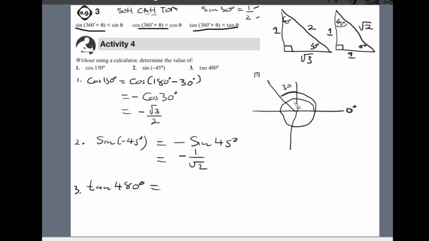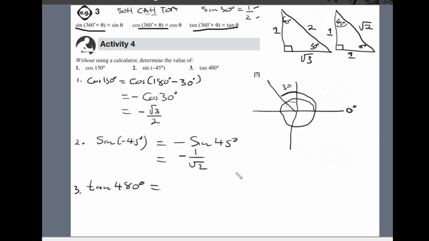So we know that the angle between the x-axis and the terminal arm is our reference angle theta, right? So if you say 90 minus 30, you will find that it's 60. So 480 should be equivalent to 180 minus 60, right?